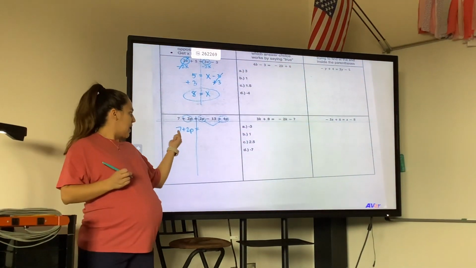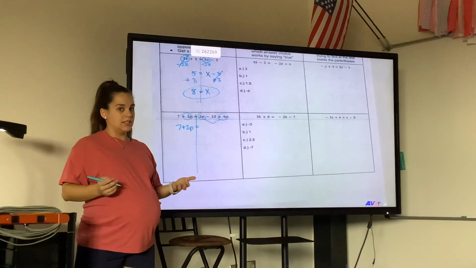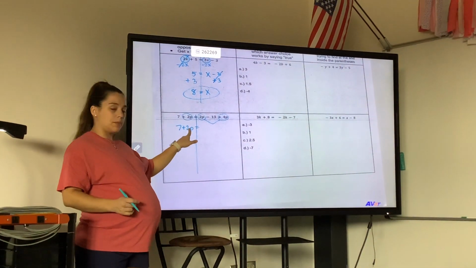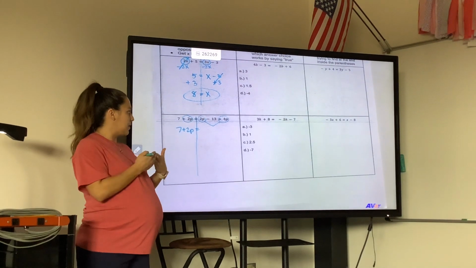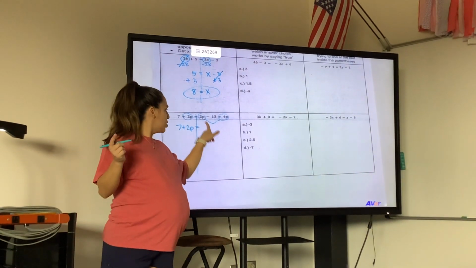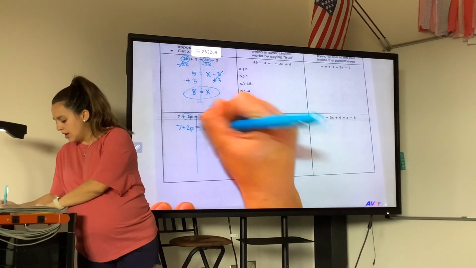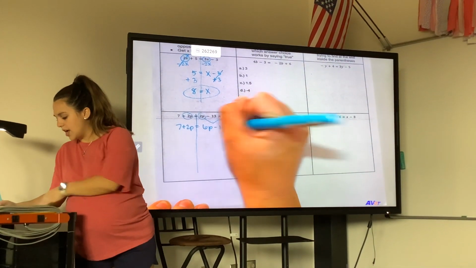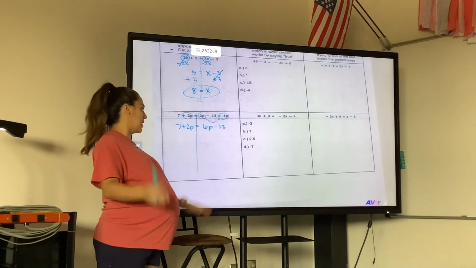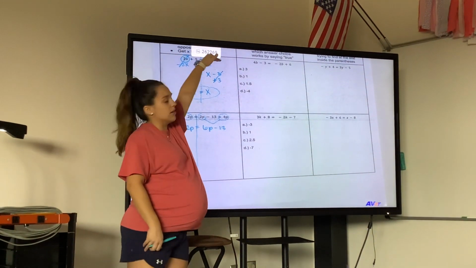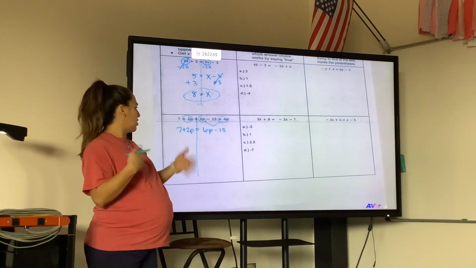I can't say 7 plus 2 and make it 9, because these are not like terms. One has a p and one does not. Can't put them together. However, the 2p and the 4p create 6p. And then this minus 13 as well does not have a partner to go with on that side at least. So now our equation looks like what we started with up here. We had to shrink it before we started working with it.